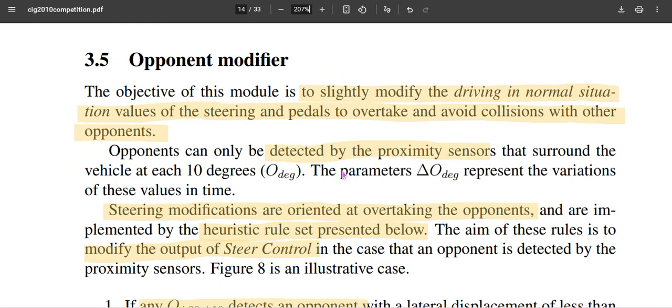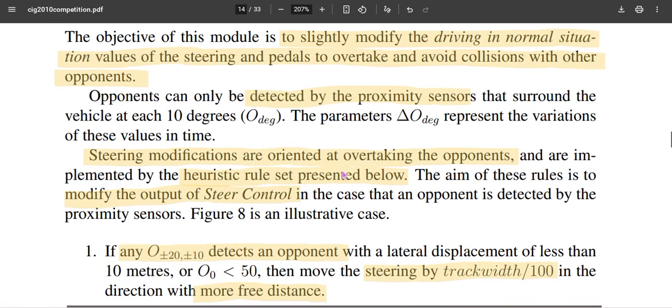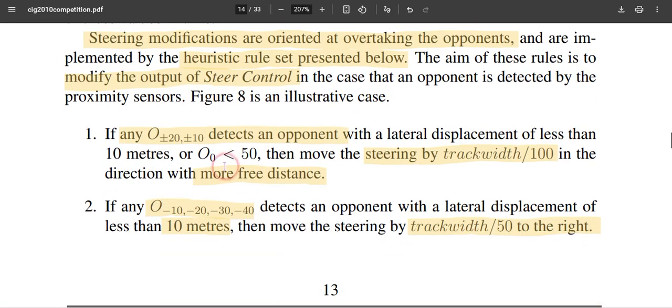But once we have a detected obstacle, then the computed steering and speed value has to be modified in order to avoid these collisions. So that will be based on these empirical relations. Once we have obstacles along these positive directions, then we have to steer based on these values to move further along the free distance.